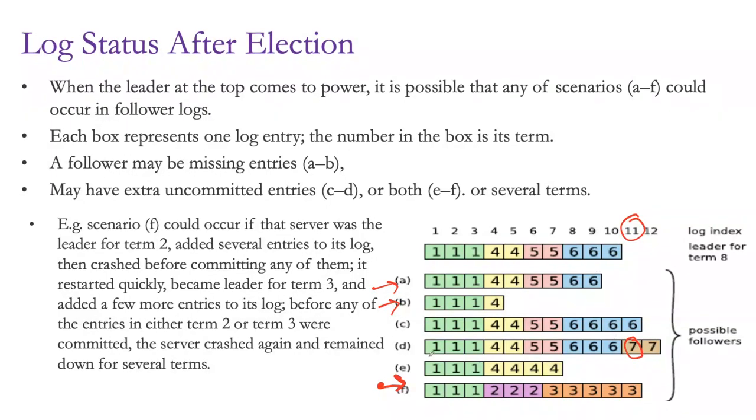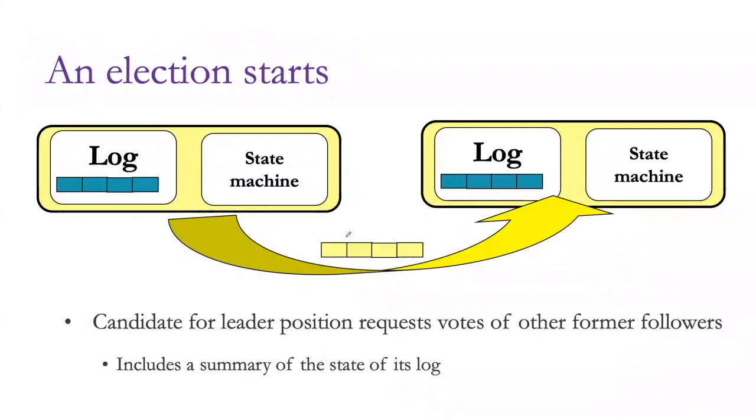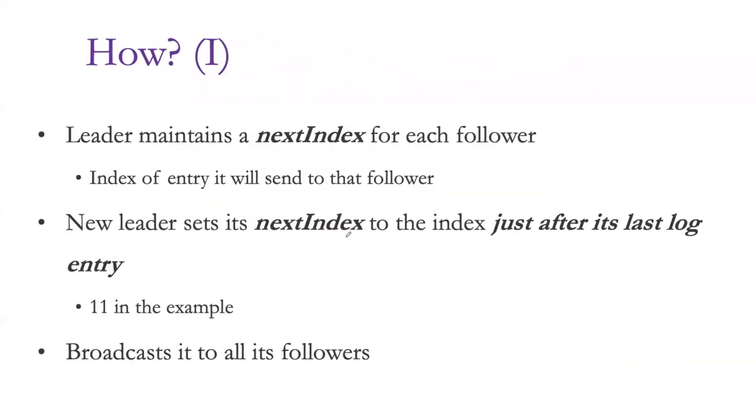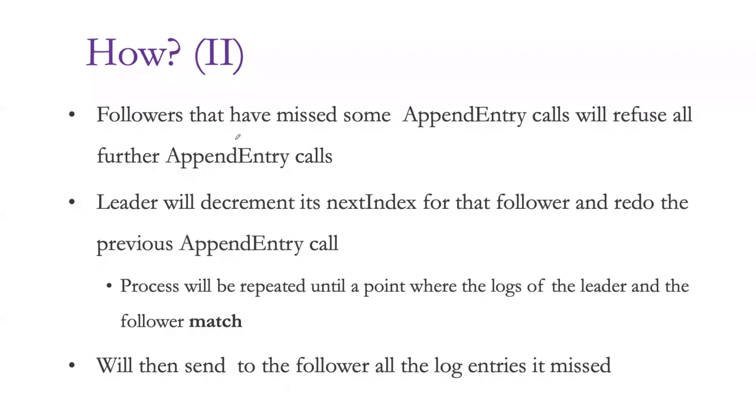That means the leader who is very active in the network becomes the new leader, and having the most updated log entries will force all other followers to follow the same index. Then it broadcasts to all the followers to follow that file. So the followers that have missed some append entries calls will be replaced.